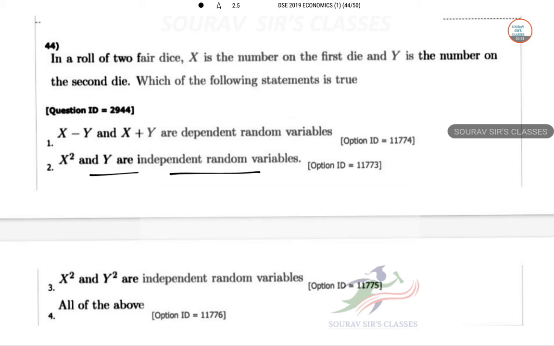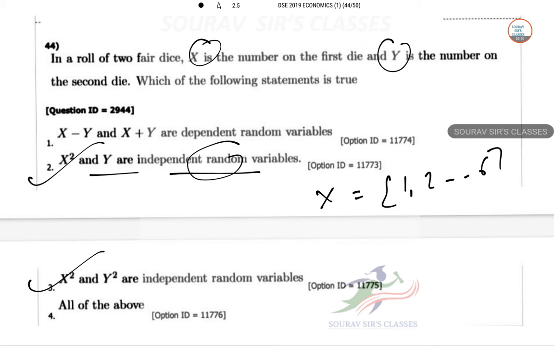Okay. So obviously x square and y are independent, and x square and y square, so this is directly following. So these two are correct. And the other part is, for example, the number on the first die. So this can be 1 2 3 4 5 6, y 1 2 3 4 5 6.